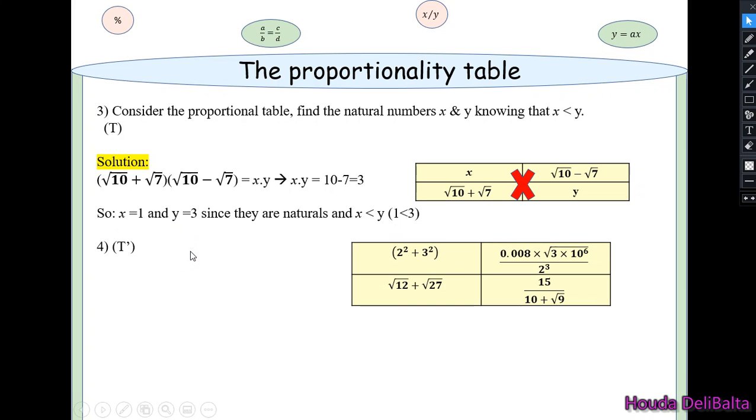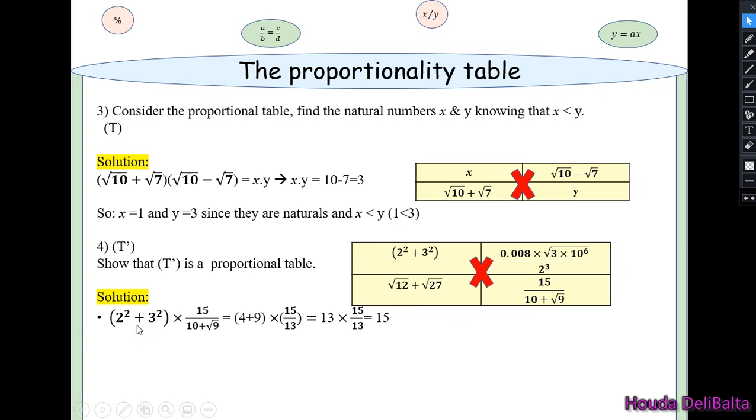Another example. This is the table T prime. The question now is to show that this table is a proportional table. Again, I use the cross multiplication method because I just have 4 boxes. So I multiply these together and these together to get the same answer. Now making some calculations, I'm going to get here 15.